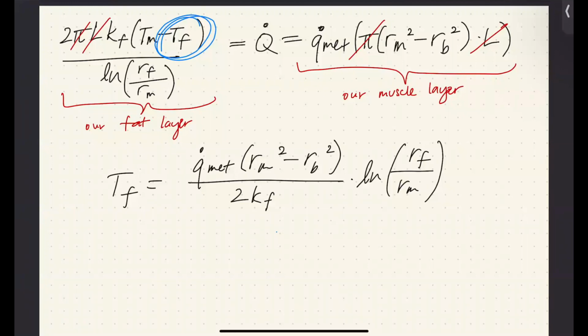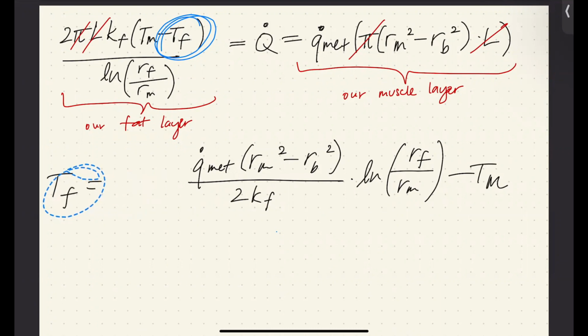Then we have minus Tf and minus Tm. We can multiply this by negative 1, and Tm becomes positive minus this value, which makes sense.